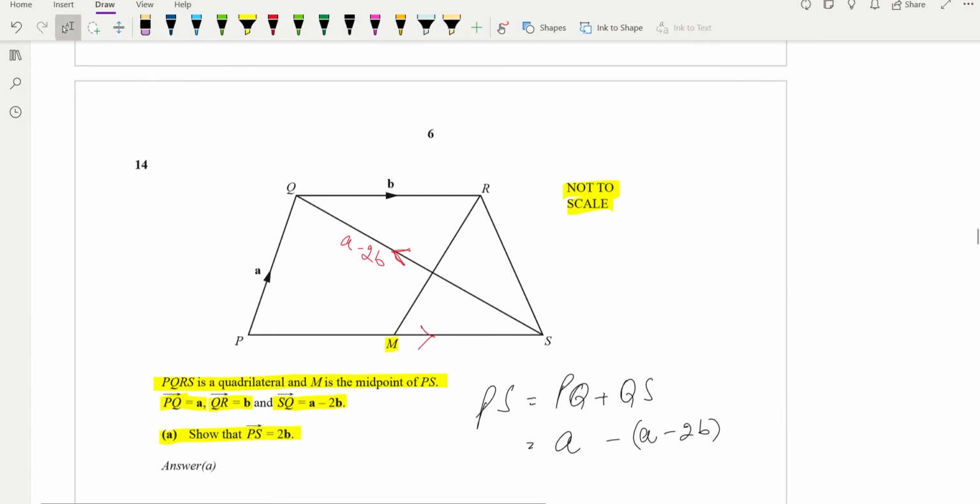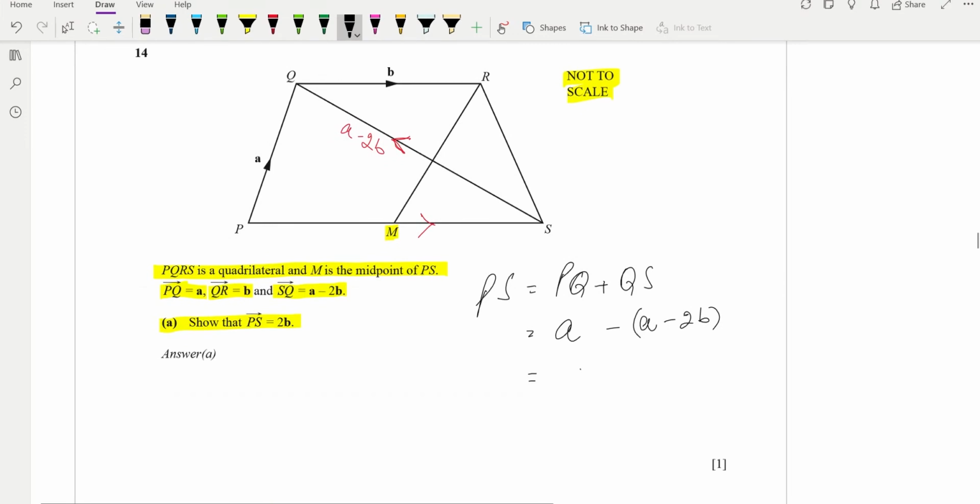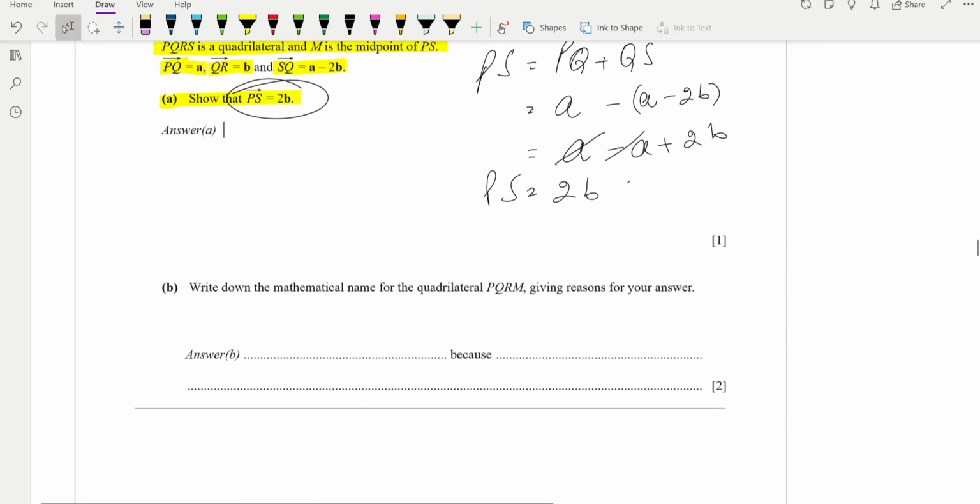If we open the bracket, we will get a minus a and plus 2b. So a and minus a cancel, so PS will be equal to 2b, and this is what we have to show. This is the 1 mark part which we have done.